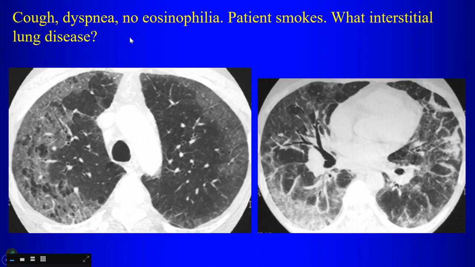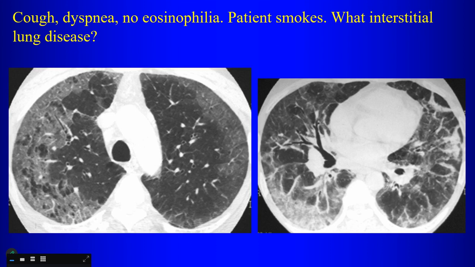This patient does not have eosinophilia. There are some respiratory symptoms. The patient smokes. The characteristic feature of these opacities is that they are peripheral, and also they are ground glass, right? So peripheral ground glass opacities in a patient who smokes, and they might also have areas of lucency mixed in with that, because the patient is a smoker.